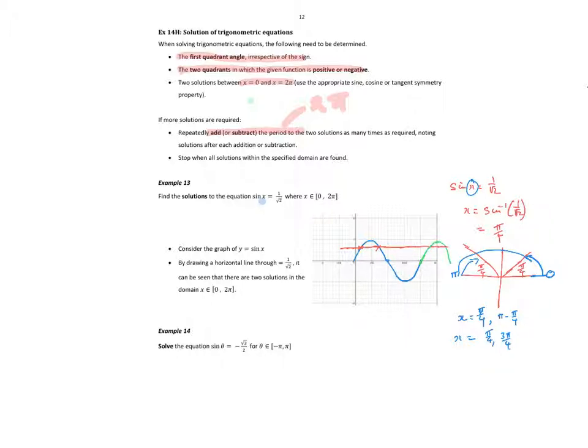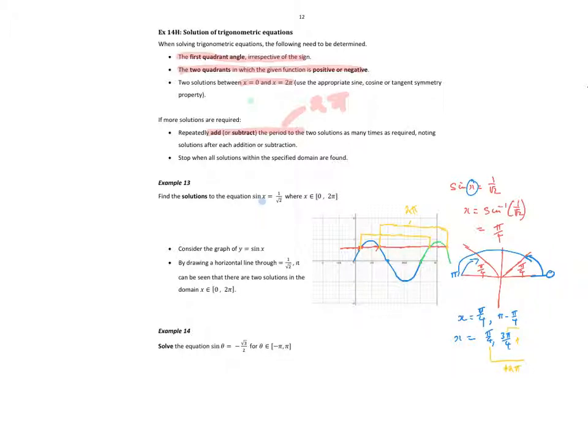From our symmetry, the distance from that point of intersection to that point of intersection is the period, which in this case is 2 pi. All right, so actually let's do it that way. In this case it's 2 pi, which means my next solutions are plus 2 pi and plus 2 pi.